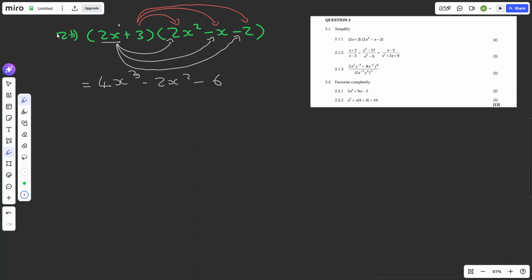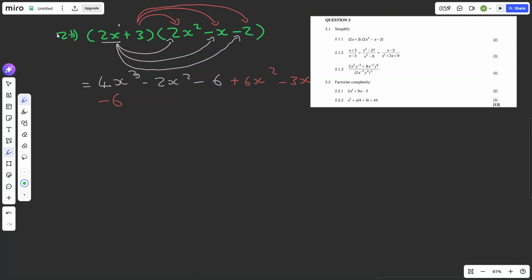The next one is 3 times 2x squared. So that gives us positive 6x squared. Next one, it's going to be 3 times minus x, so it's minus 3x. And then lastly, 3 times minus 2, so minus 6. And that is basically it.